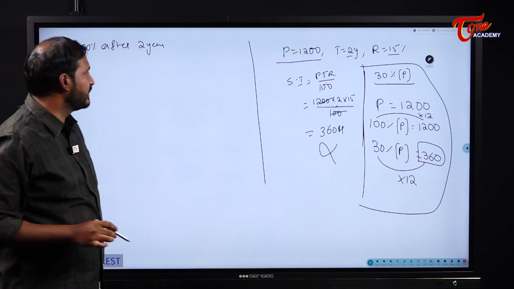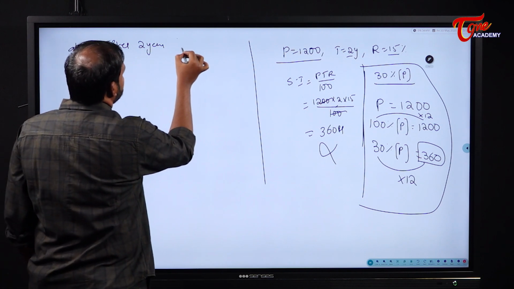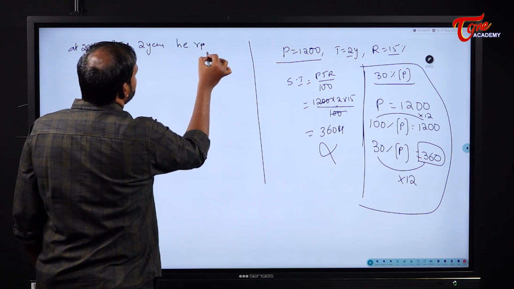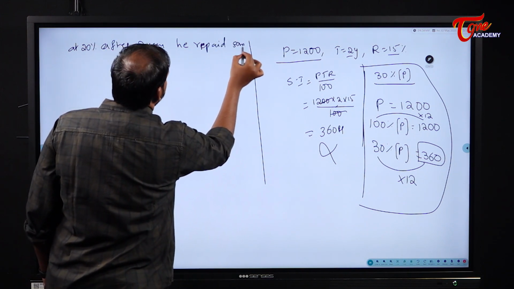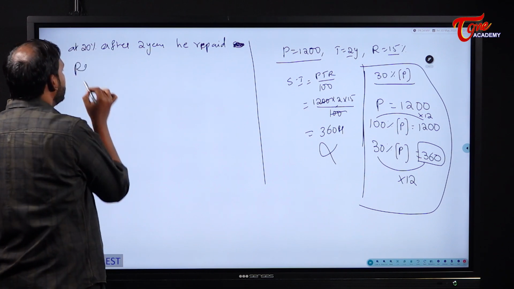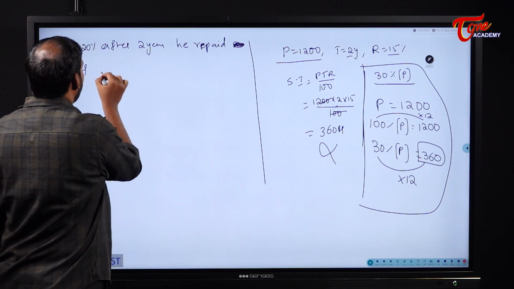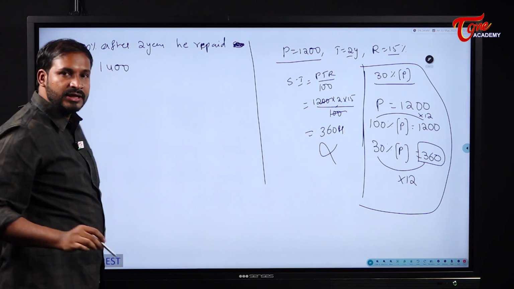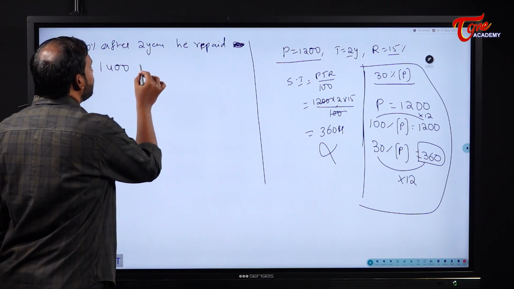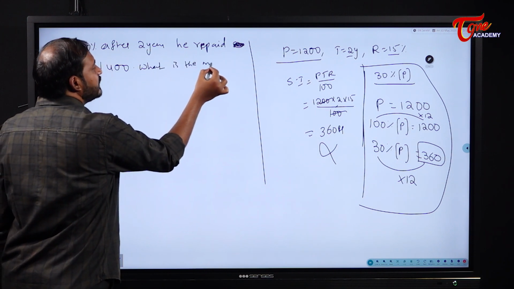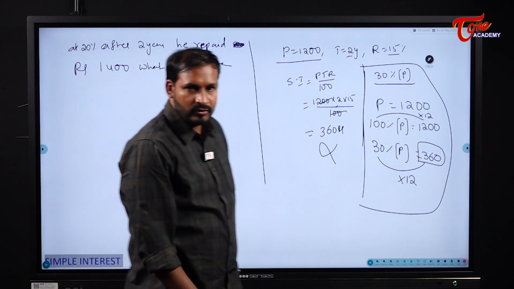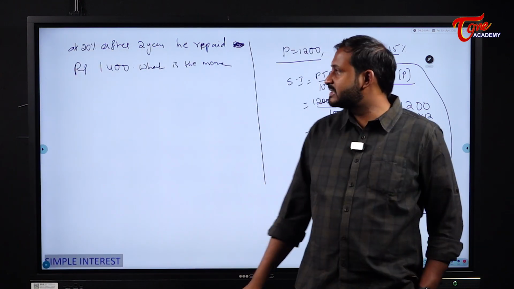At 20% rate of interest, after 2 years he repaid rupees 1400. What is the money he borrowed? That is the question for us.